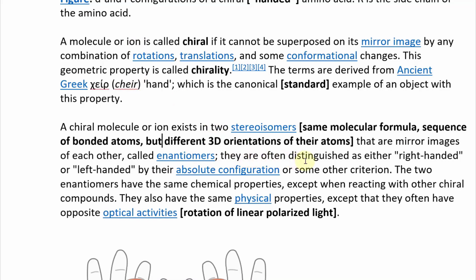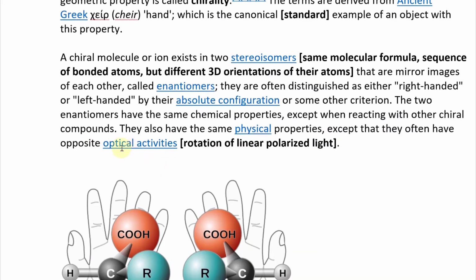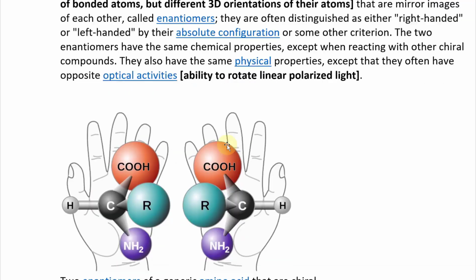They are distinguished as either right-handed or left-handed by their absolute configuration or some other criterion. The two enantiomers have the same chemical properties except when reacting with other chiral compounds. They also have the same physical properties except that they often have opposite optical activities, which is the ability to rotate linear polarized light.